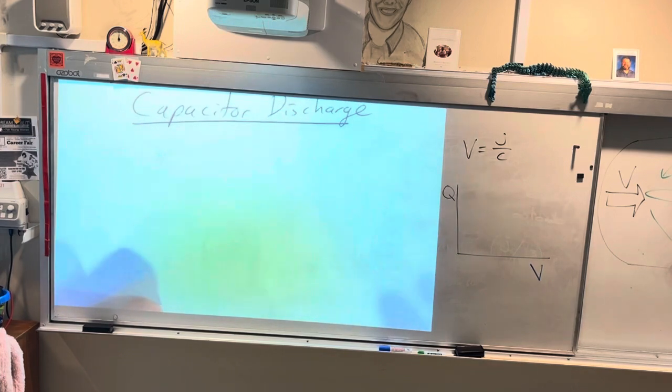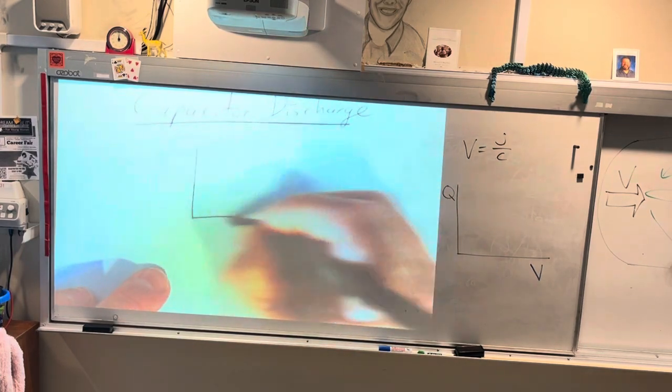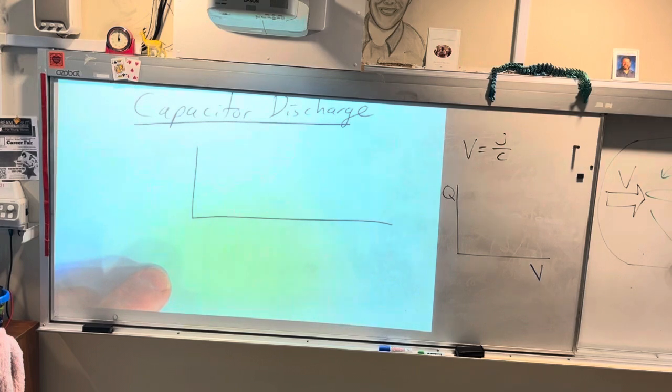It looks like this. This is going to happen if you have a switch or you turn off the voltage that's pushing the charge onto the capacitor. If it's already stored in the capacitor and you just close the switch in the circuit, it will come out.